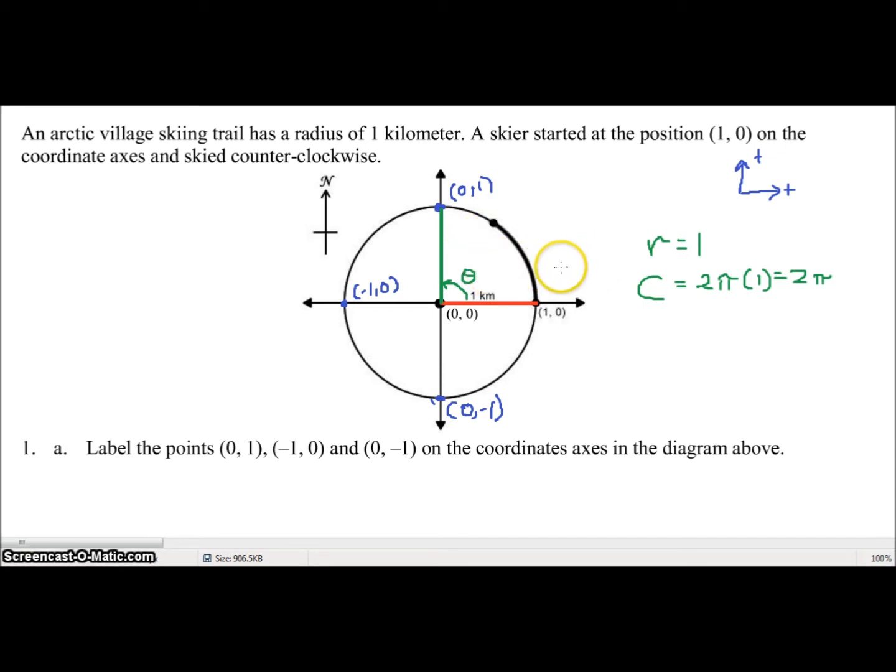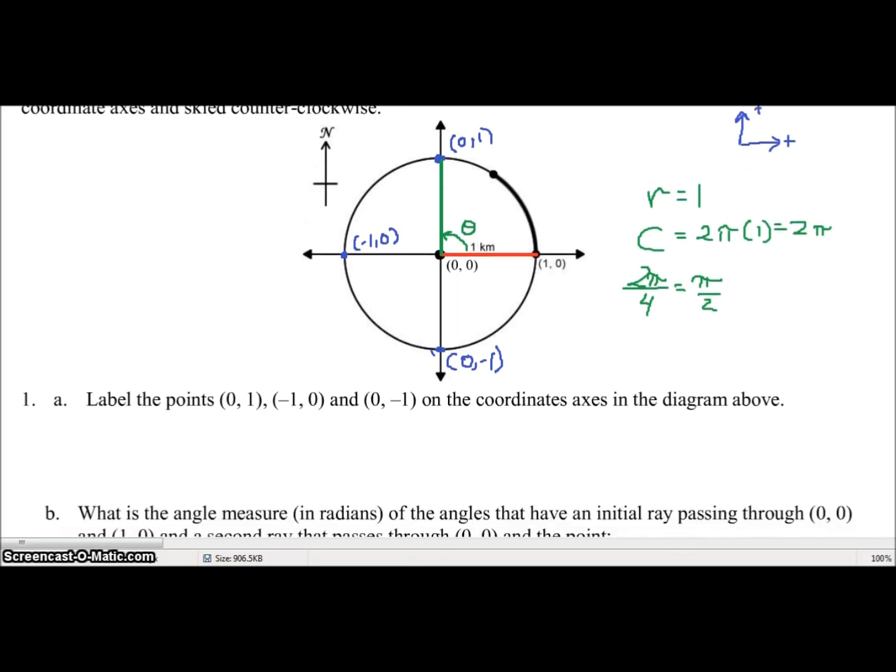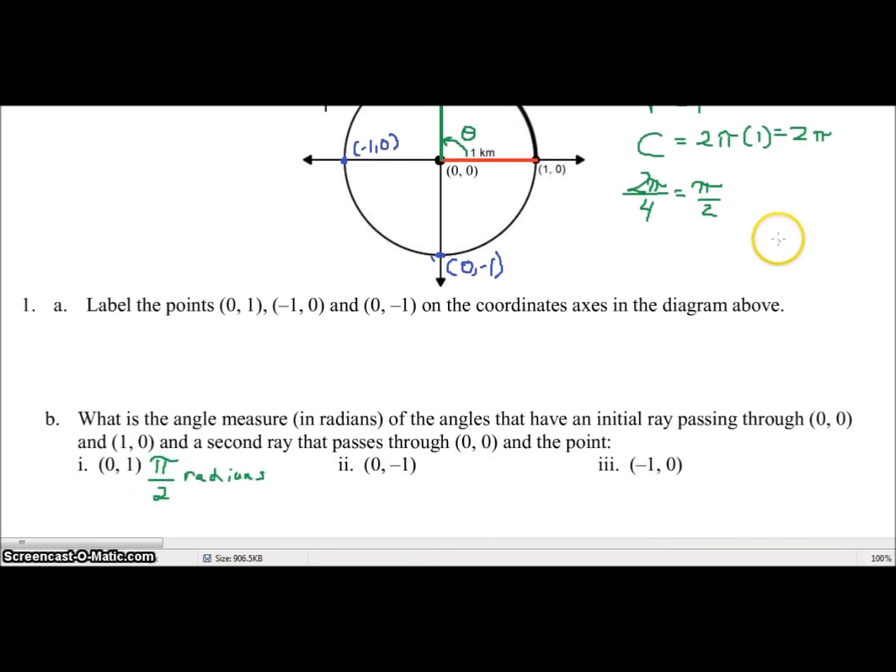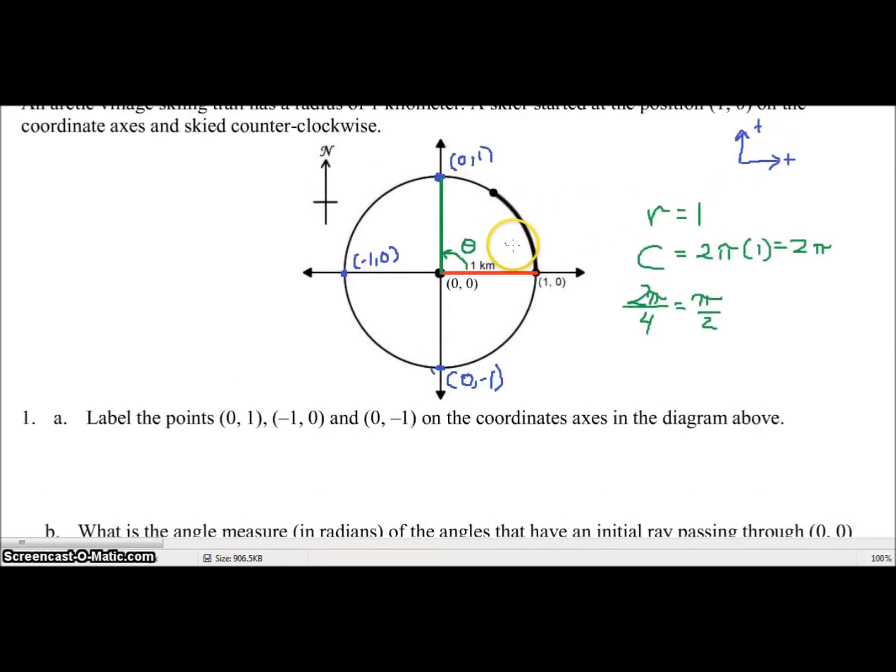Now, we know that all the way around there are 2 pi radii in the circle, and here we've only gone through a quarter of the circle, so we can take the entire circumference and divide it by 4 and we get pi over 2. That's how many radians. And it's a little more than 1. You could put that in your calculator and see what the value is. So we go 1 radius and then a little bit more than 1 radius there.